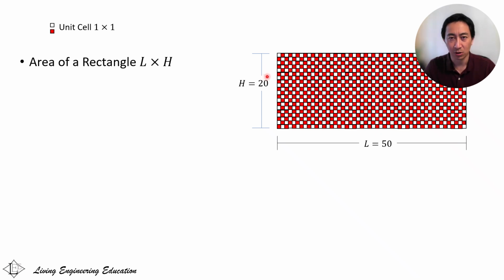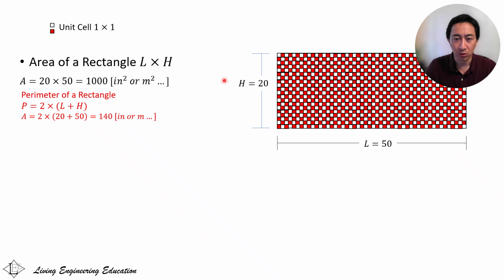So that's how you probably learned why multiplication works. It's just grouping. Whether you look at it from a column by column perspective or a row by row perspective, it's the same thing. So in this case, 20 times 50 gives us 1,000. If these were in inches, the units would also multiply. So then this would be 1,000 inches squared, or meters squared, or feet squared. Depends on what the units are.